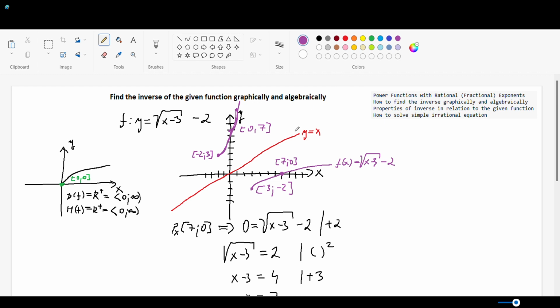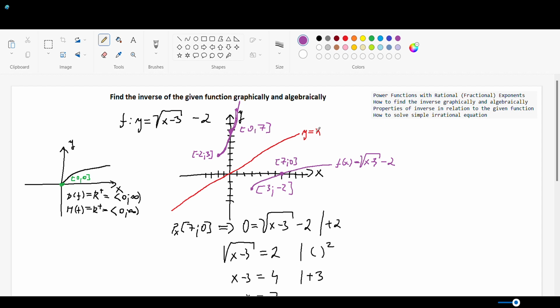Basically, if everything would be drawn properly, you would see that this point is really symmetric, and this line is again perpendicular with respect to the symmetry with the line y equals x. So our job is done here. This is how to find the inverse graphically.